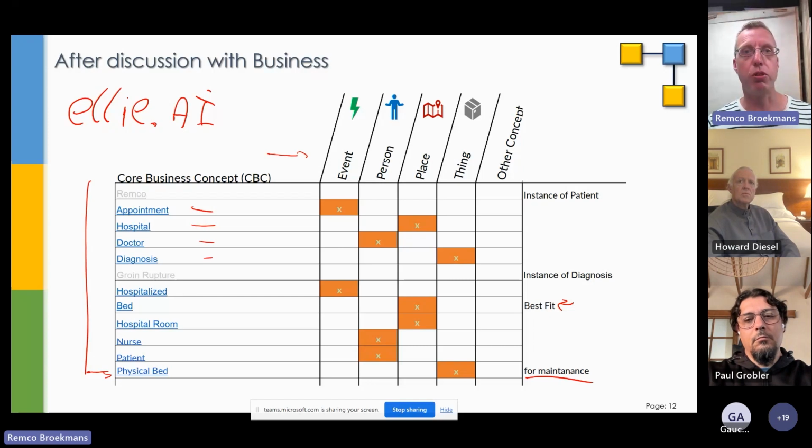It's not good enough for me to have an approach which I can almost use, but I need to adjust it to go to a logical data model which is fit for any ensemble modeling pattern or data vault modeling pattern. So that's why we came up with this approach, where for us, it's all about event, person, place, thing, other concept. I know that there are also people who say, well, if you look at the event, there are three or four different kinds of events.